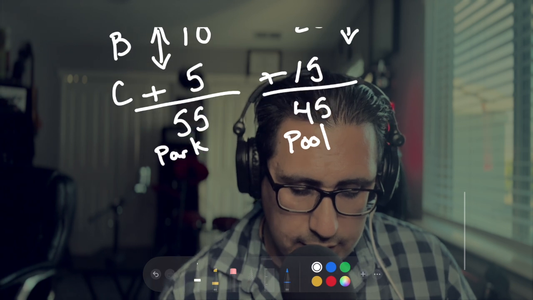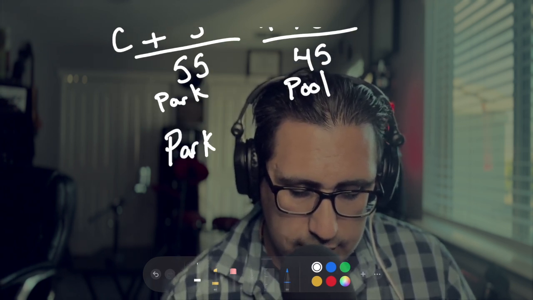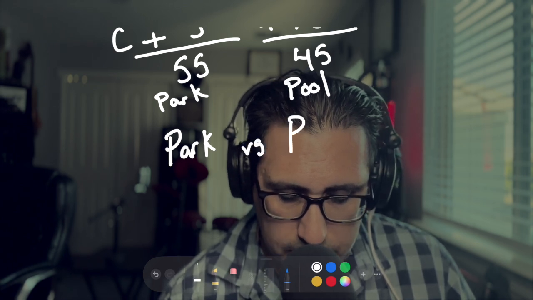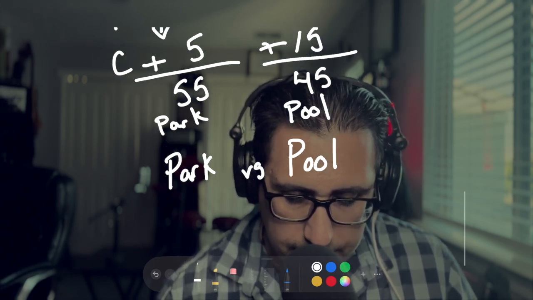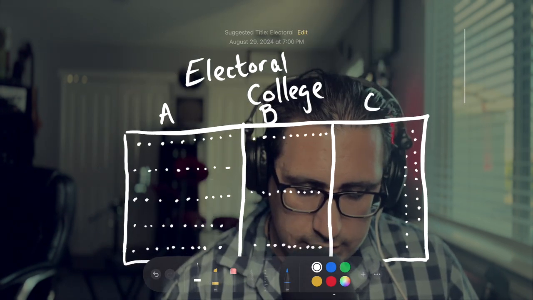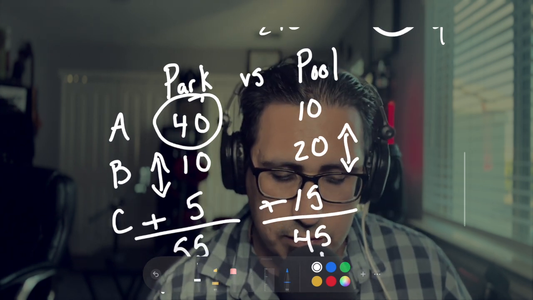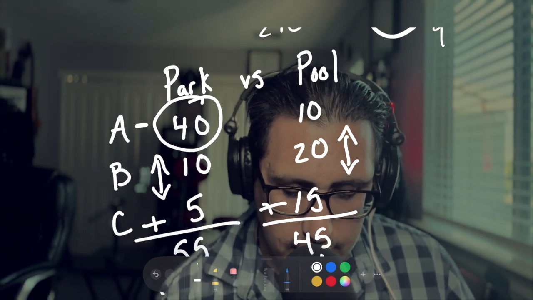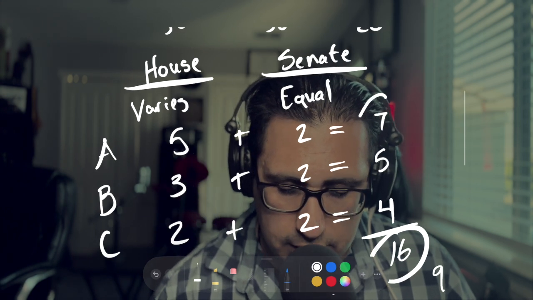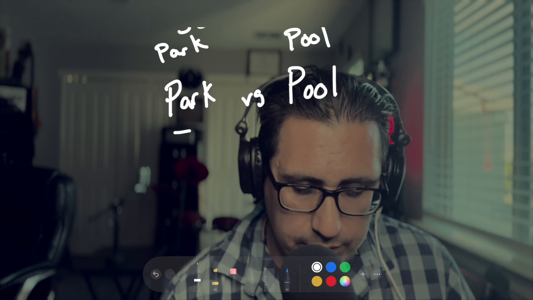So that means the park has 5 votes so far. Or no, not 5, sorry, 7. So since the park won with 40 votes in Block A here, it's going to get all of these votes. So park has 7 votes.